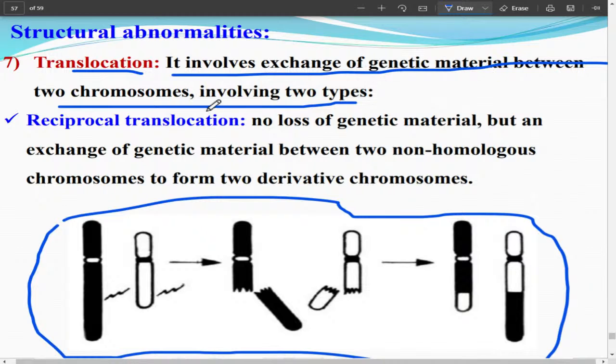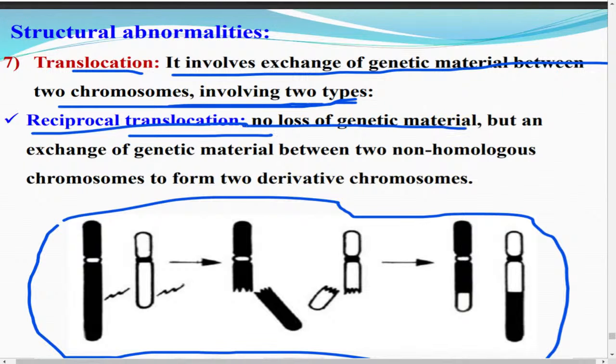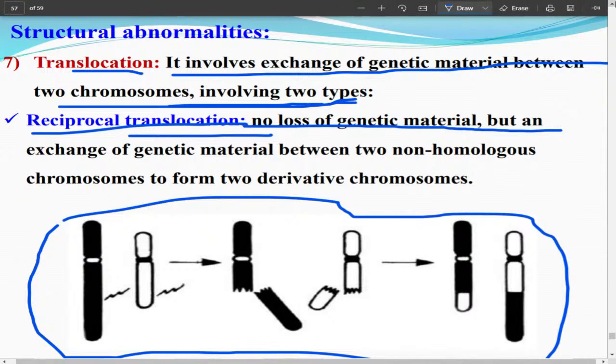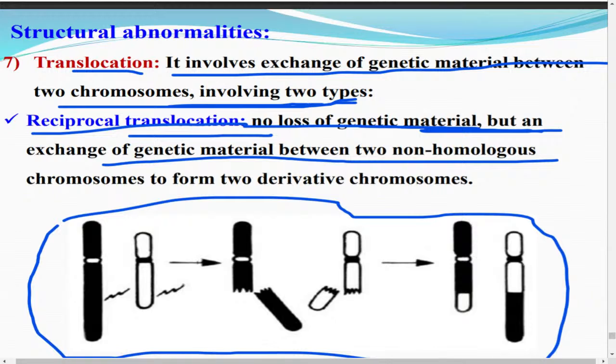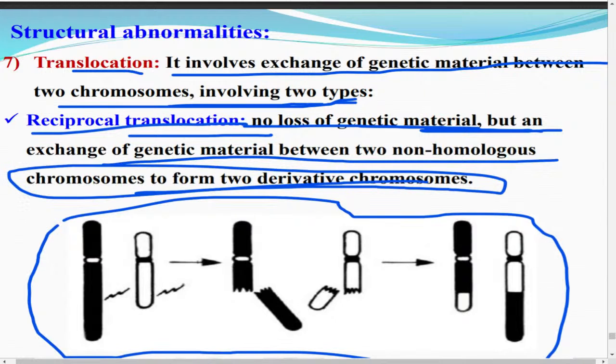Involves exchange of genetic material between two chromosomes, a structural abnormality involving reciprocal translocation. It says here no loss of genetic material, but an exchange of genetic material between two non-homologous chromosomes to form two derivative chromosomes.